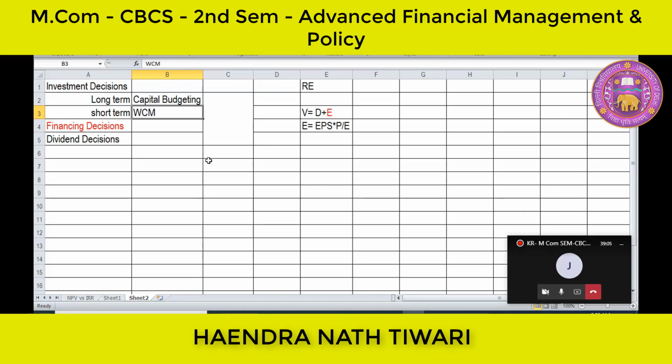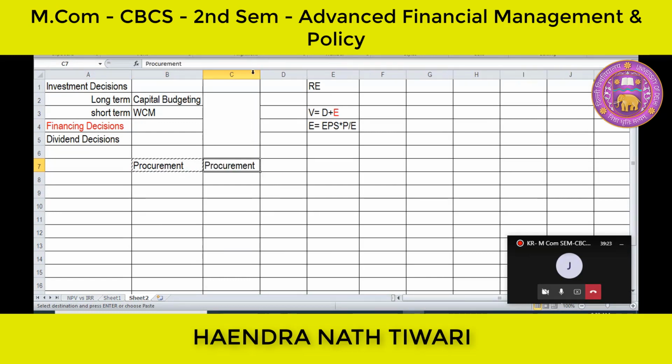Early days financial management was related to procurement of funds. Later on it was said, not only procurement of funds, but also allocation.